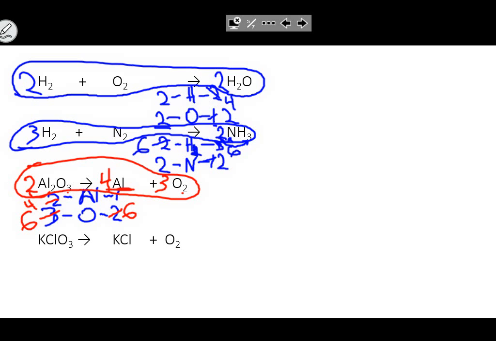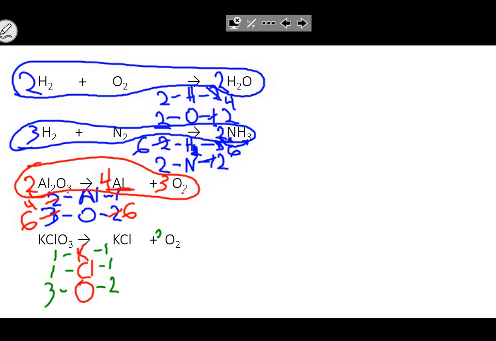All right, potassium chlorate goes to make potassium chloride and oxygen gas. So KClO3, it's never been CI, Cl, and oxygen. So 1, 1, 1, 1, 2, 3. Once again, I'm going to go with lowest common denominator to balance the oxygen.